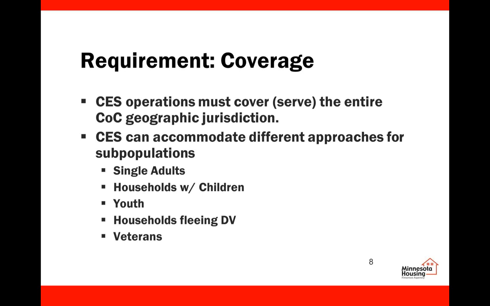But that central city is surrounded by suburban and maybe even rural areas throughout the whole county. This first requirement of coverage indicates that the entire county has to be covered by front door services. This can be accommodated by establishing hubs or regional intake points. In other instances, counties may elect to use a crisis hotline or maybe a 211 information referral line to provide coverage throughout the entire continuum of care geography.